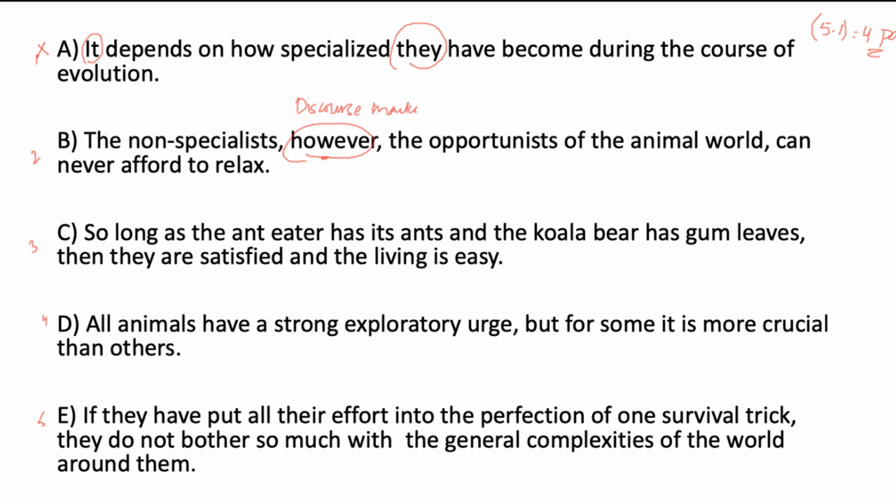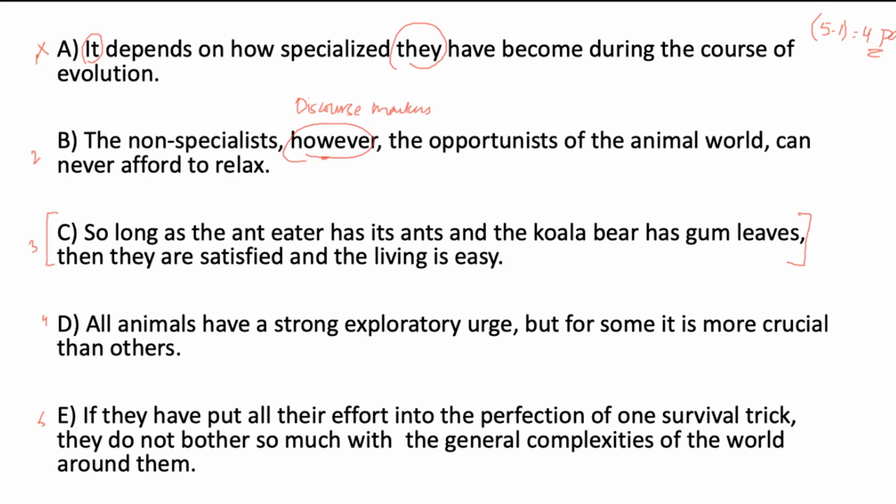So it's most likely not going to be the topic sentence for this reorder paragraph as well. So long as the anteater has its ants and the koala bear has gum leaves, then they are satisfied and the living is easy. Okay. Could be a topic sentence, but not 100% sure. Let's go to the next sentence.